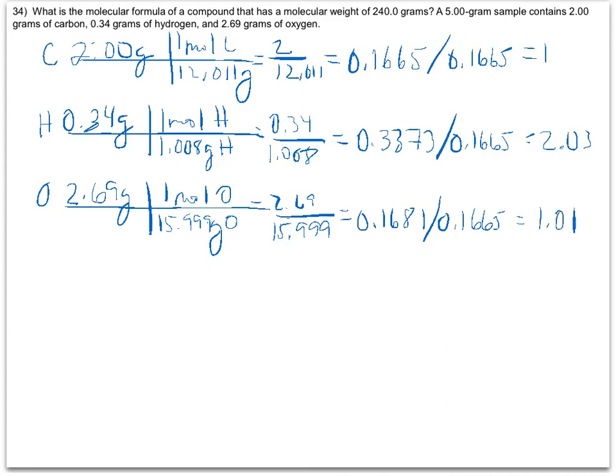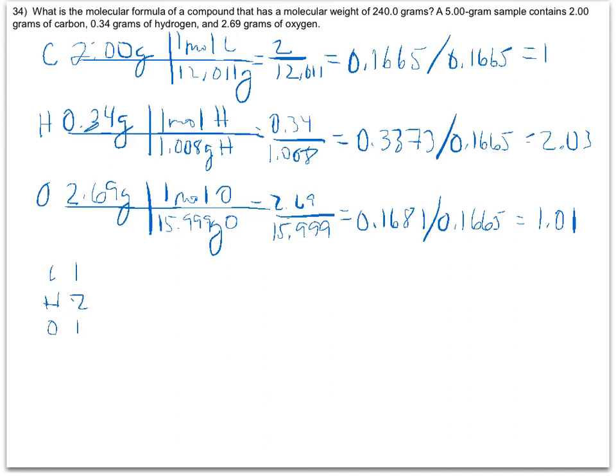Alright, so now what we're doing is we're looking at 1, 2.03, and 1.01, and we're deciding, are they close enough to whole numbers, or do we need to multiply to a whole? And 2.0 is 2, and 1.01 is 1. So we already have our whole number ratios. So our whole number ratios, carbon, hydrogen, and oxygen, 1 to 2 to 1.